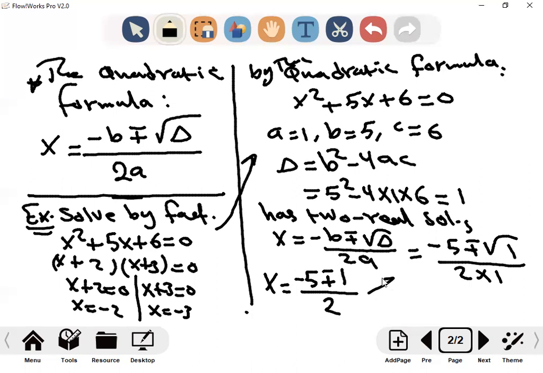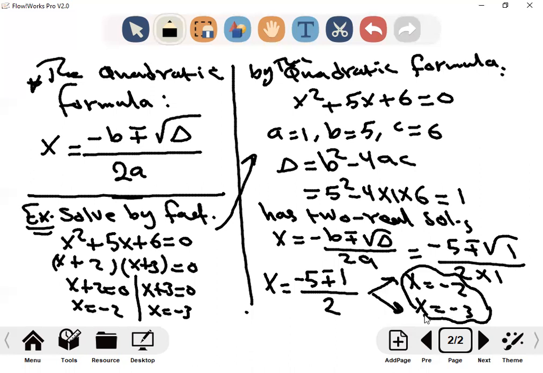So here you have two solutions. x equals, focus now, negative 5 plus 1, negative 4, divided by 2, and negative 5 minus 1, negative 6, divided by 2. Same answers, right?